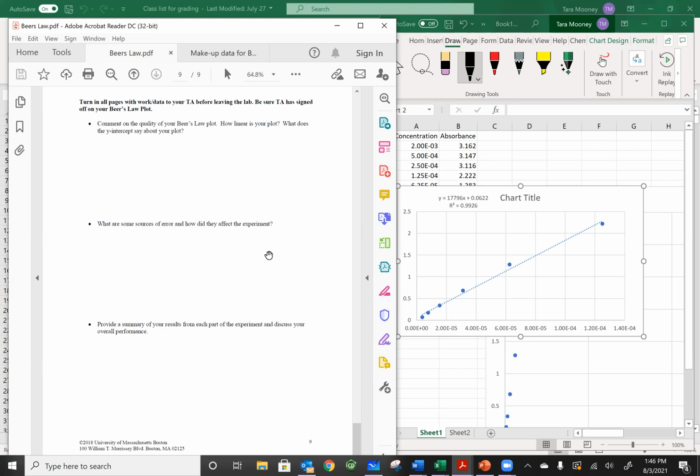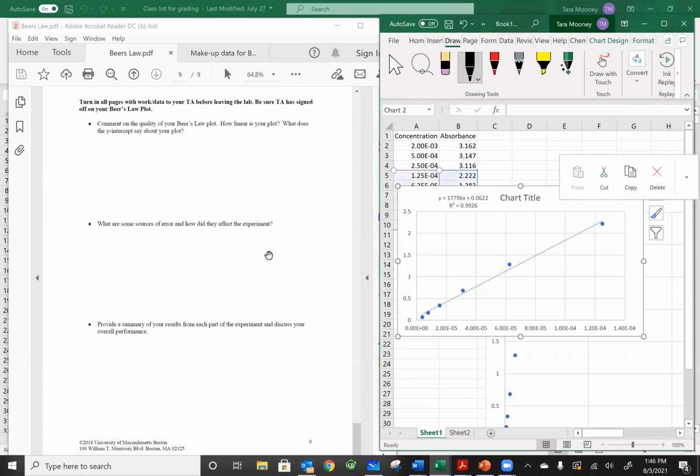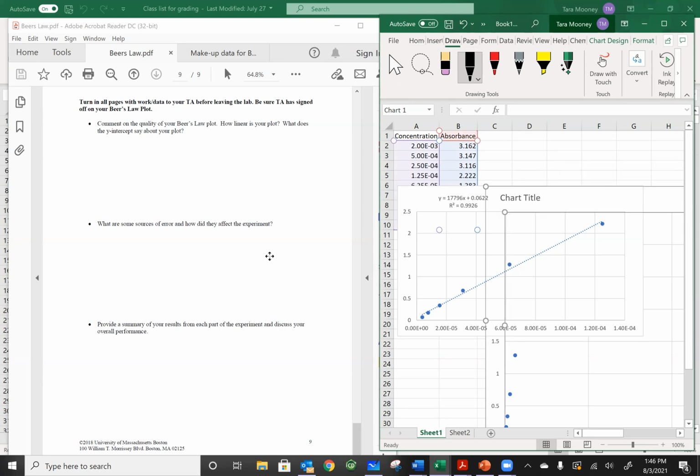Yes, I have a question. For the graph, I see you did some data points. Are we supposed to do the same, or make two graphs, or just the graph that was linear, deleting the data points that aren't linear? That's a good question.